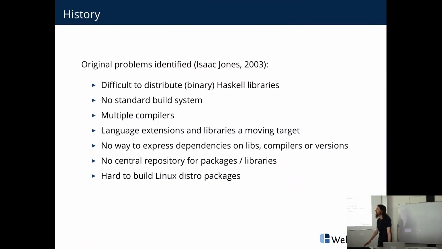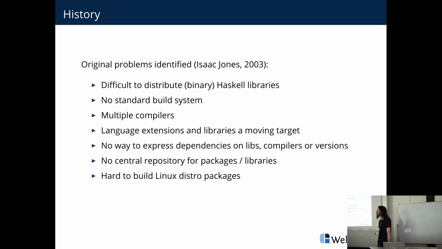The problems that Isaac and others originally identified, and again, this is straight from his talk in 2003, was that it's difficult to distribute Haskell libraries. It was at the time. As I said, there were three where the projects were big enough that it was worth overcoming the friction. There was no standard build system.